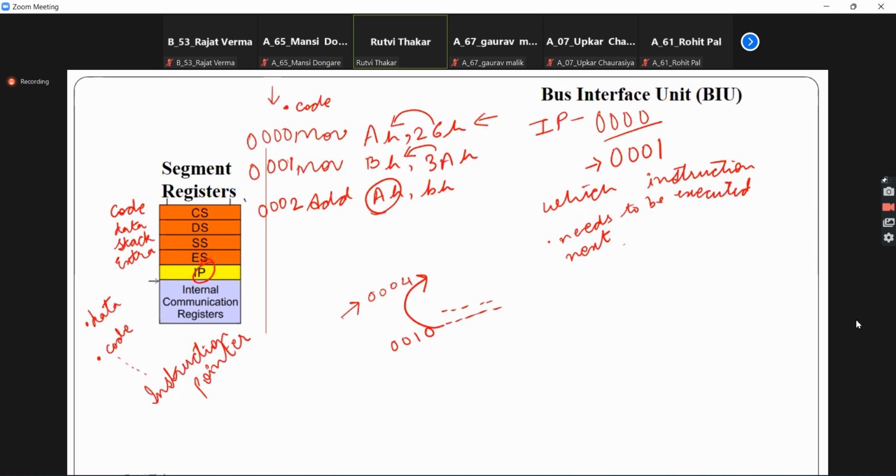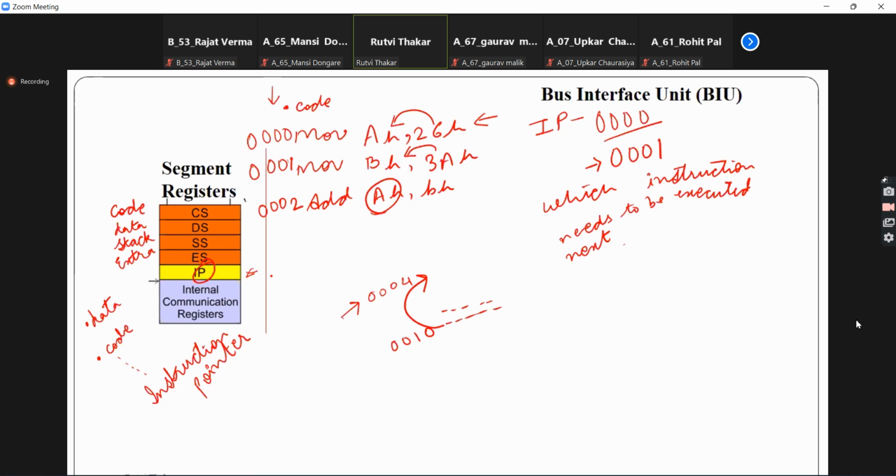So the simple definition: what is the instruction pointer? It will point to the instruction which needs to be executed next. Now, where is this instruction stored? In a memory location. So to enhance the definition, we will say it points to the address of the instruction which needs to be executed next.